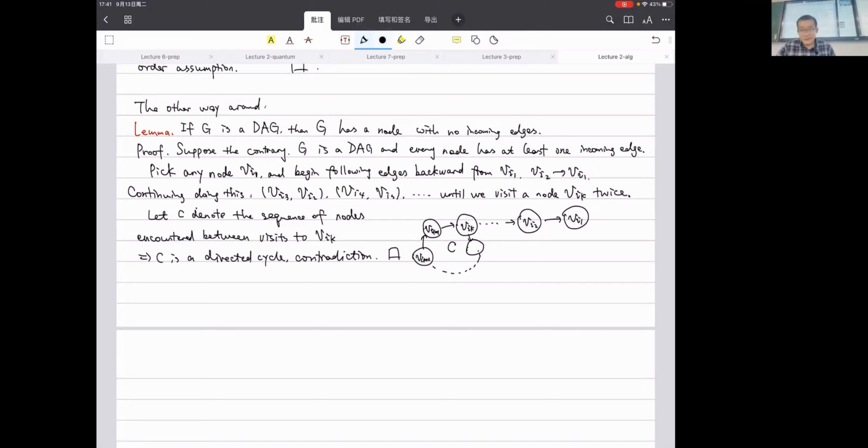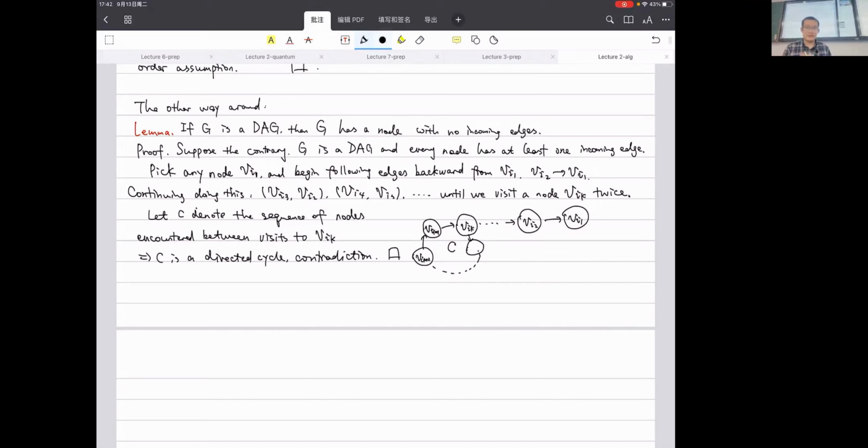A student mentioned the difference between a theorem and a lemma in this statement. A lemma is more of a technical thing that we want to use, because here we have this discussion that if G is a DAG, then it has a specific property: G has a node with no incoming edges. This is quite specific. But if you consider two general properties, like topological order and DAG and their equivalence, this is probably more significant than a lemma.